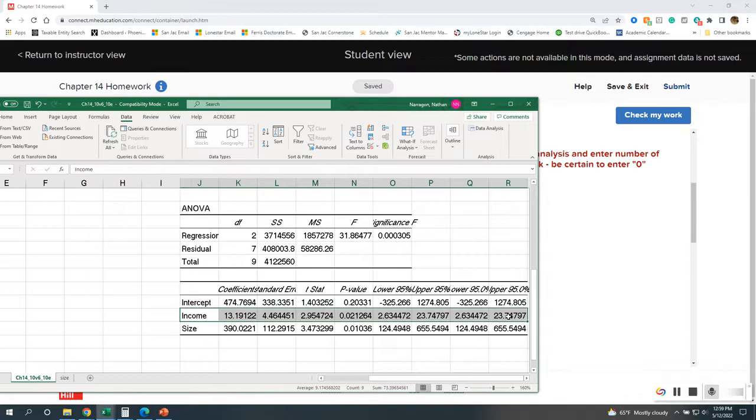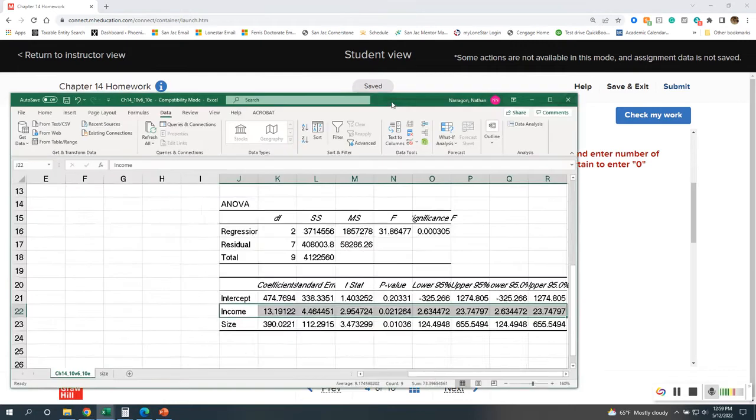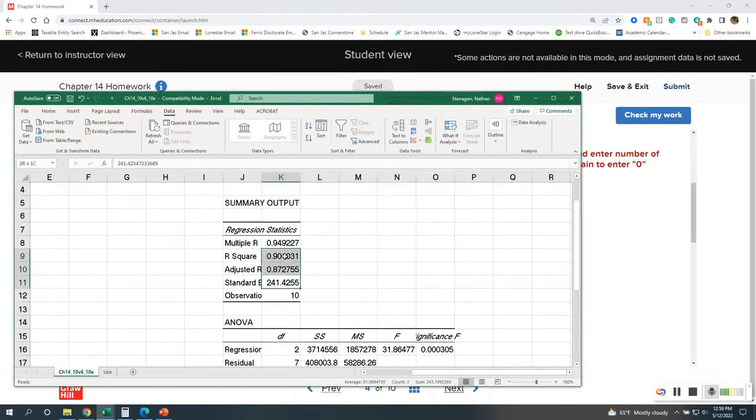Income. Now we work on the income line. So this line right here is 13.1922. T-stat is 2.954724. And again, I'm typing in the whole number so that McGraw-Hill can round for me. That's fine. Alright, standard error. Still these 3.